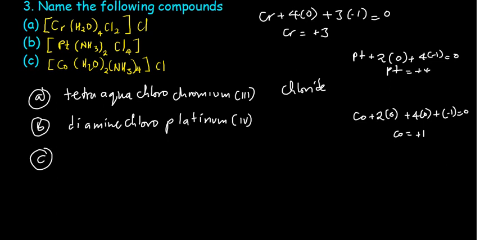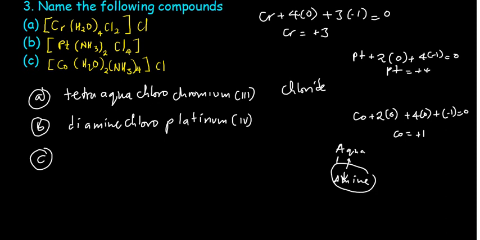Now how do we get to name it? We don't have only one ligand. So as we get to name these ligands, we are going to name them in alphabetical order. We have got water, which we name as aqua, and then we have got ammine there. Which one comes first? We can see A and A is the same, but M comes first before Q. So we're going to first name the ammine.